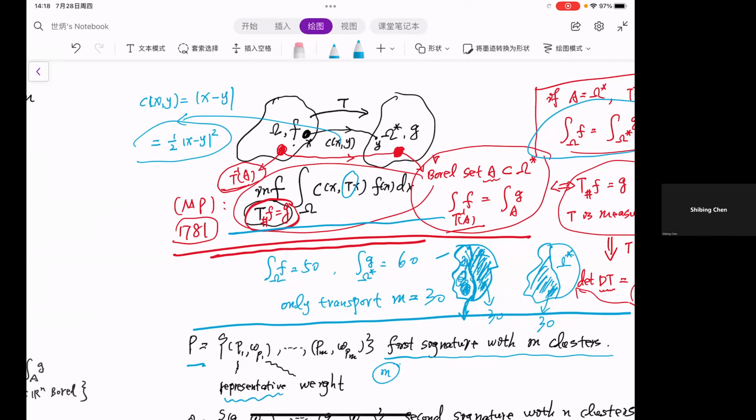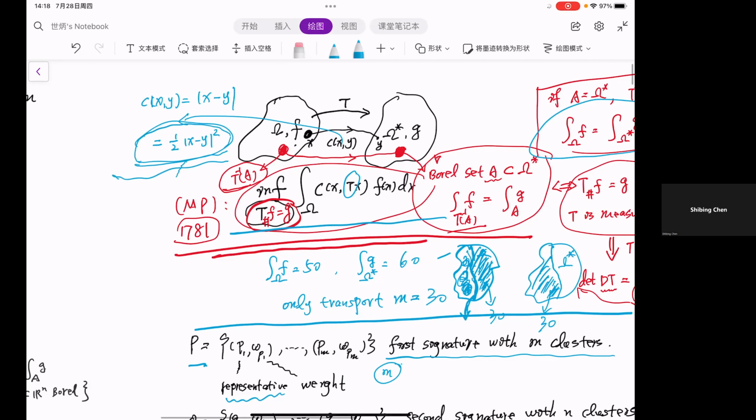Also, it will be related to the so-called Monge-Ampère equation that I will mention later. So in this talk, I will also focus on this cost, the distance squared cost.